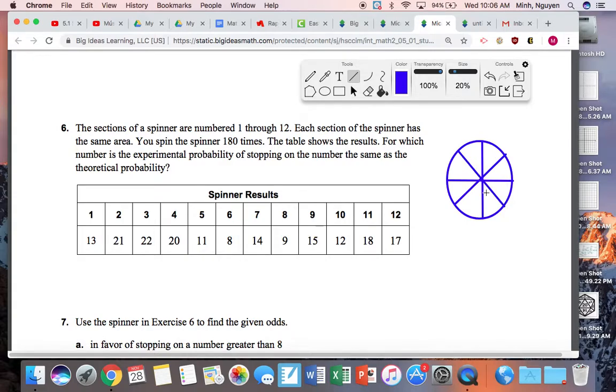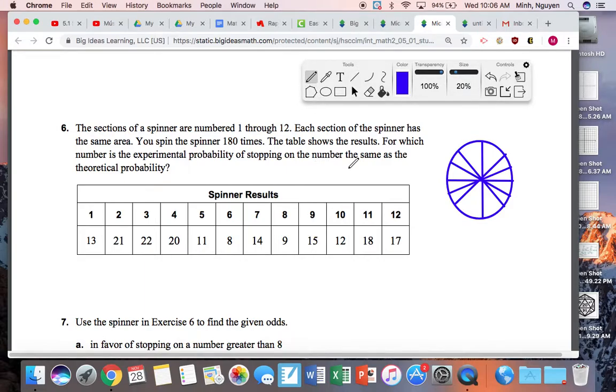So I've made 6. 1, 2, 3, 4, 5, 6, 7, 8, 9, 10, 11, 12. Okay, pretend it says each section of the spinner has the same area, so pretend I did it more evenly.